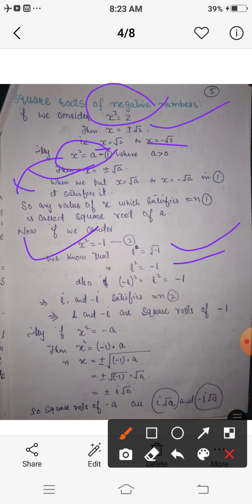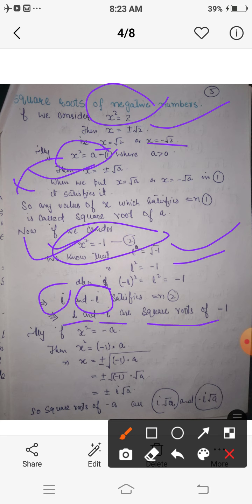So this means that if we put x equals minus iota, and x equals plus iota in the second equation, clearly it is satisfied. When it is satisfied, it means that iota and minus iota are the roots of this equation. When they are roots, this iota and minus iota are simply called the square roots of minus 1.